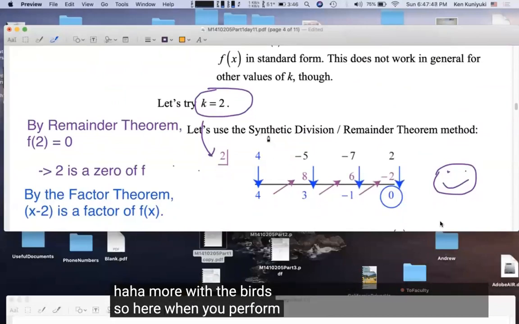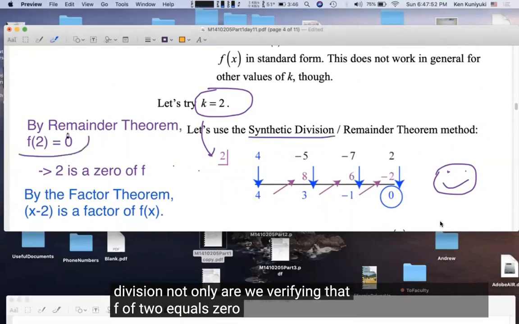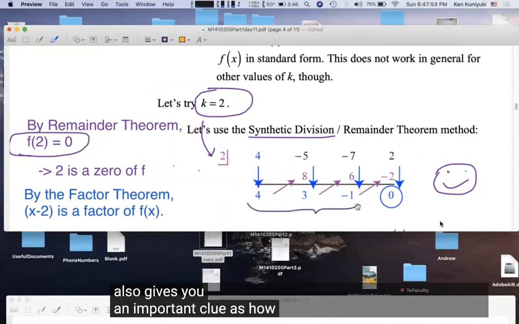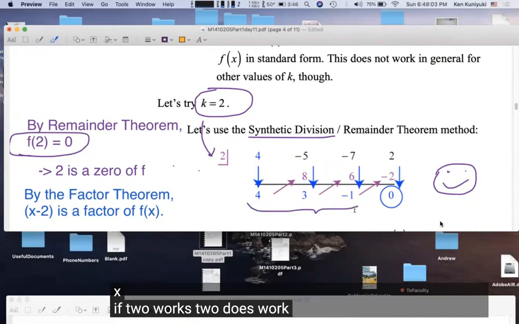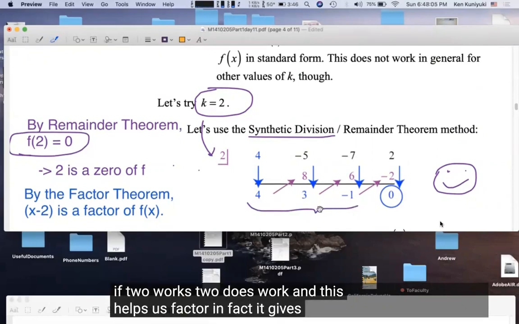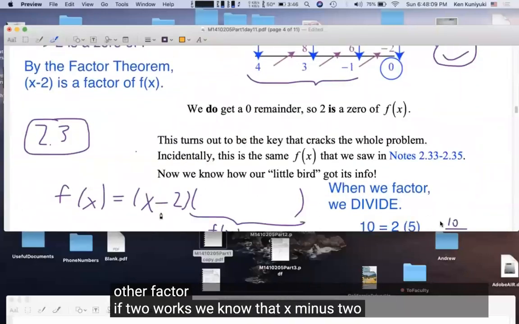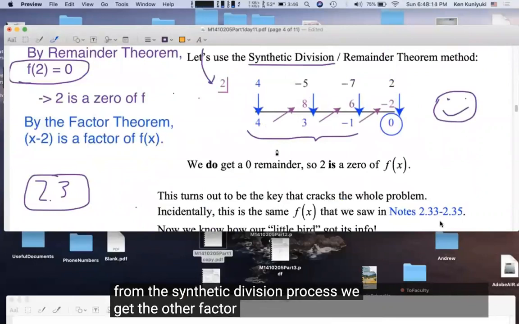So here, when you perform synthetic division, not only are we verifying that f of 2 equals 0, but if 2 works, and here it does, it also gives you an important clue as to how to factor f of x if 2 works. 2 does work, and this helps us factor. In fact, it gives us the other factor. If 2 works, we know that x minus 2 is a factor. From the synthetic division process, we get the other factor.